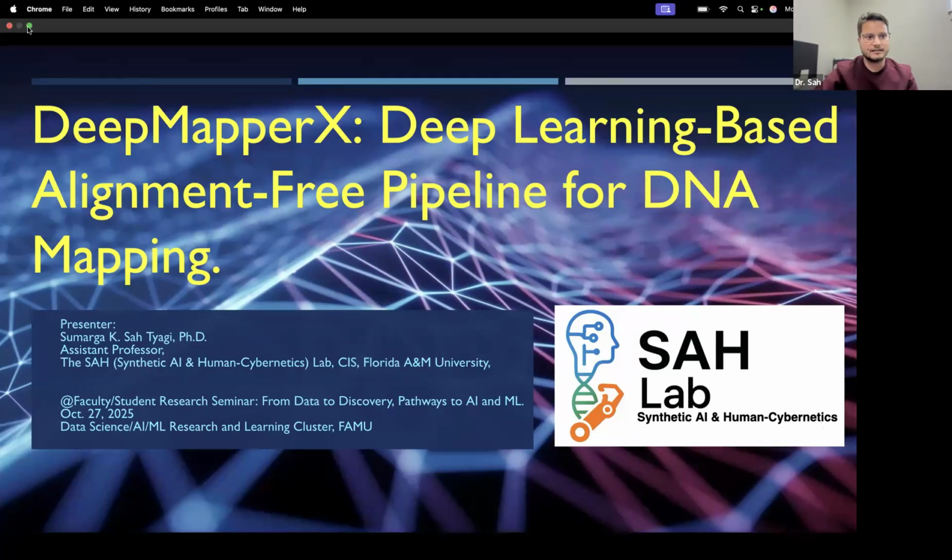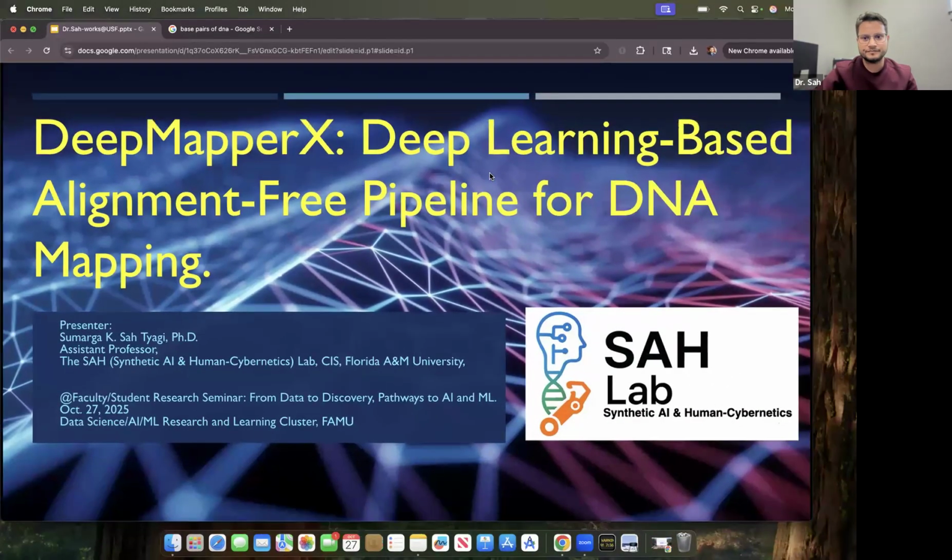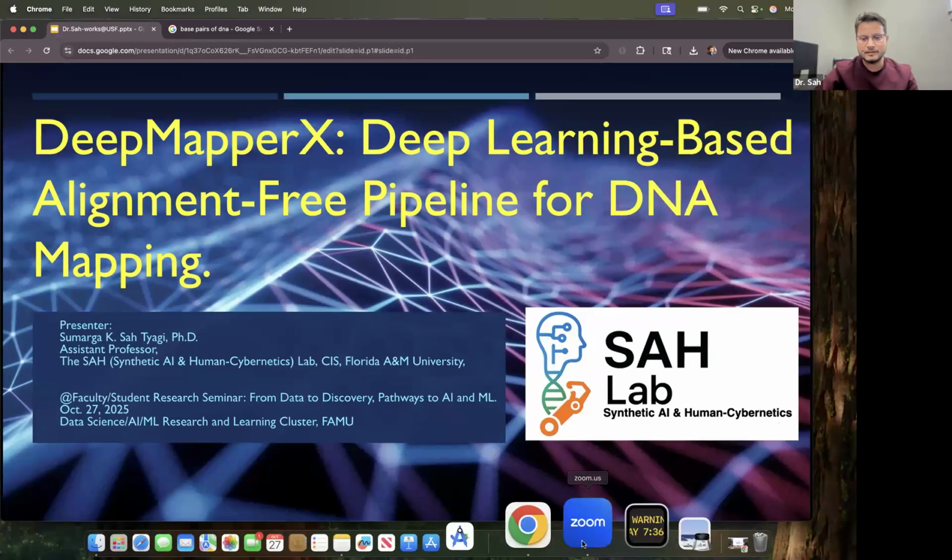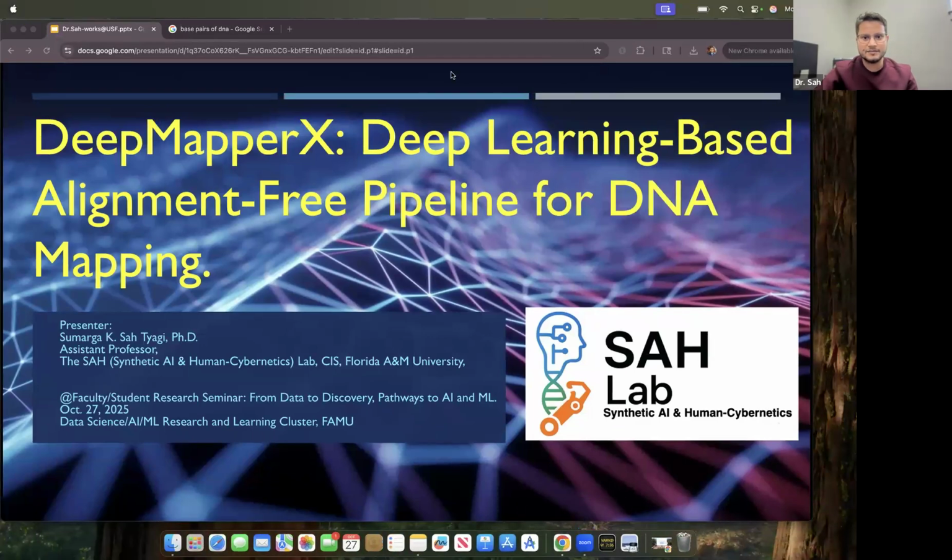With that concept, I designed this one based on deep learning principles, because so far there is no such tool which actually works with intelligence.